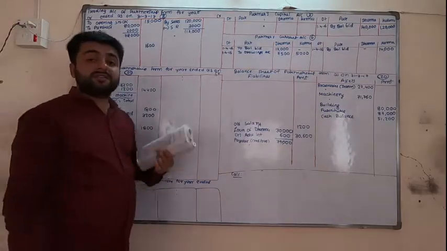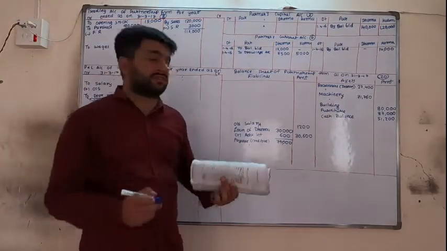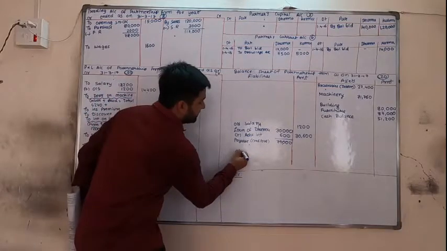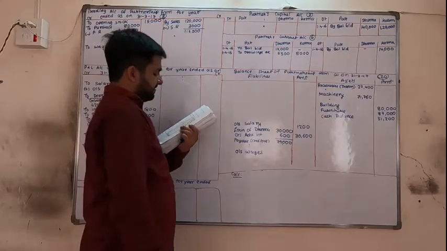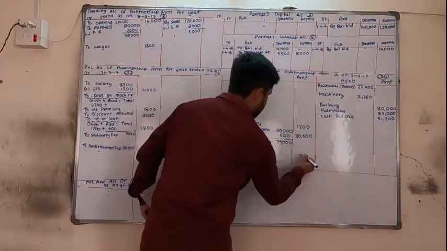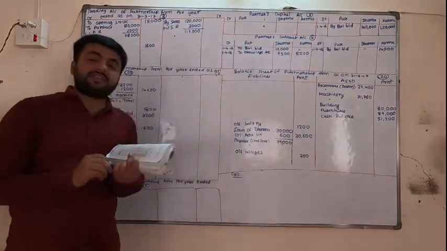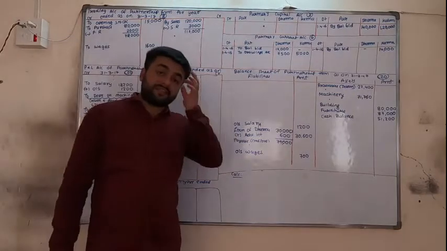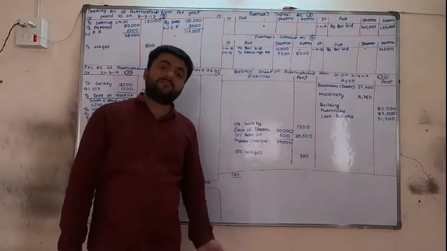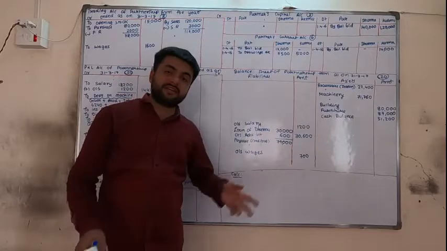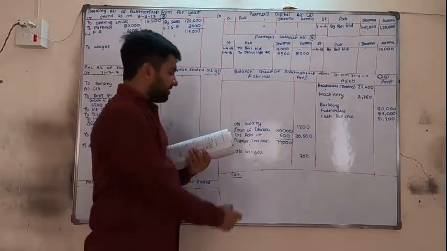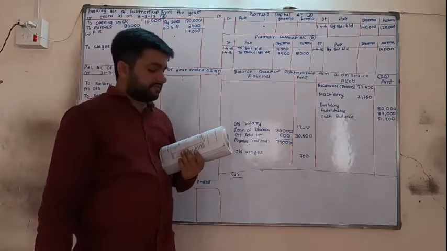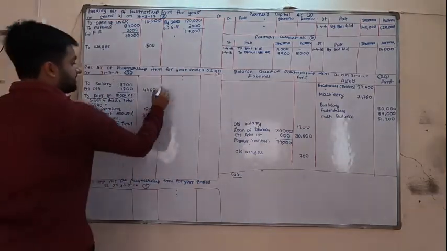Then we have, instead of salary outstanding, wages outstanding. Please correct your book, okay? Outstanding wages, it is not outstanding salary. 700 on the liability side, because for outstanding or advance receivable, if it is given directly in the trial balance, if it is credit then liability, debit then asset. Remember that thing. Then we have loan of Dharma, which we have already written. Then we have discount received, which is our income.